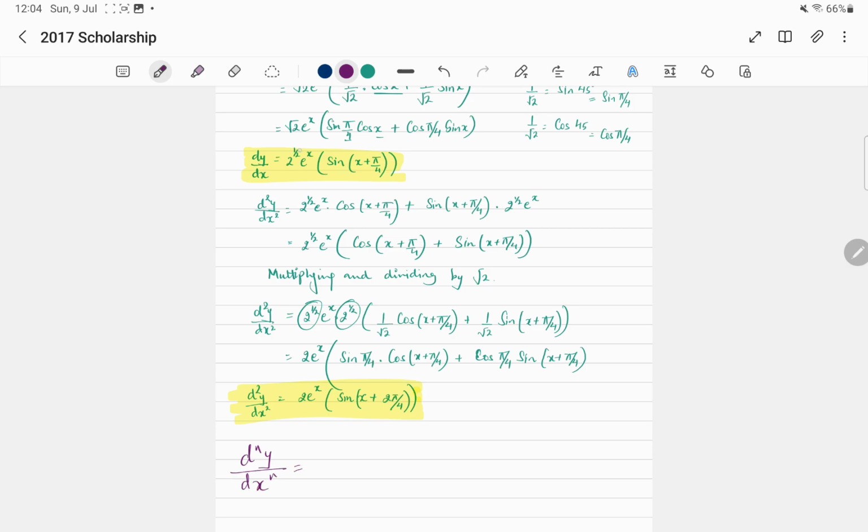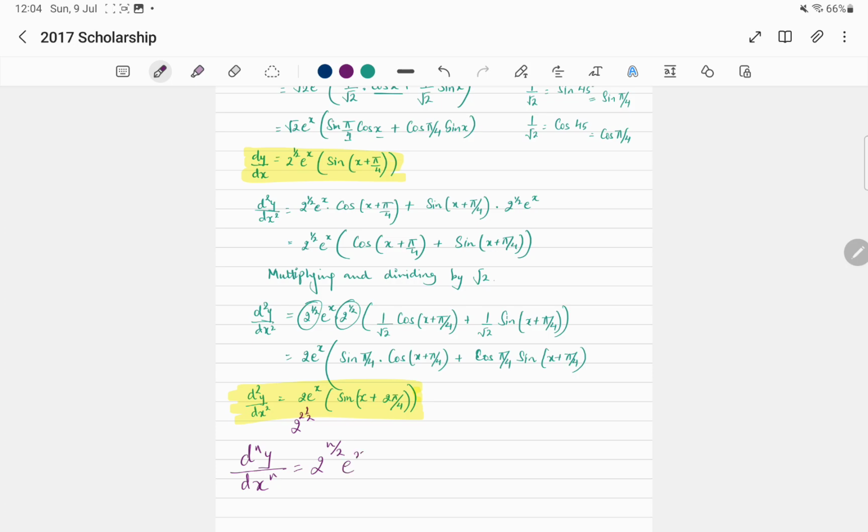Here it's 2 to the power of half, here we have 2. And 2 can also be written as 2 to the power of 2 times half. So for n, it becomes 2 to the power n times half, which is n over 2.